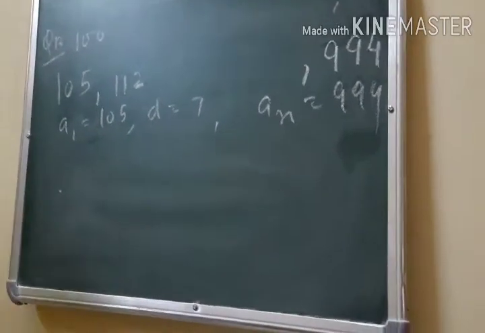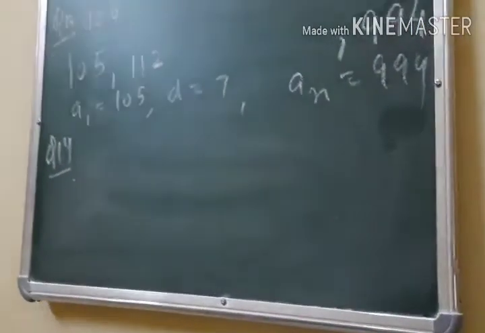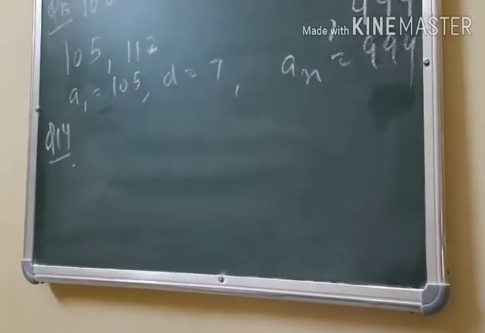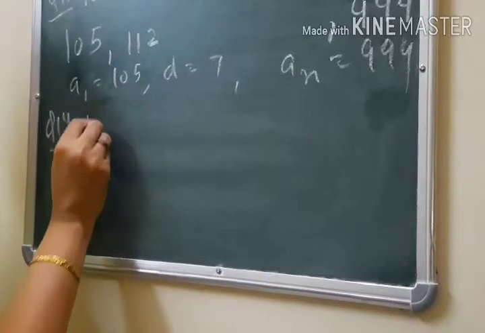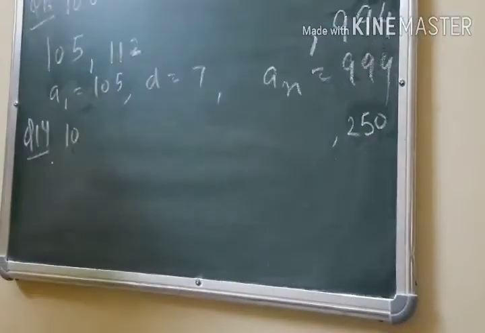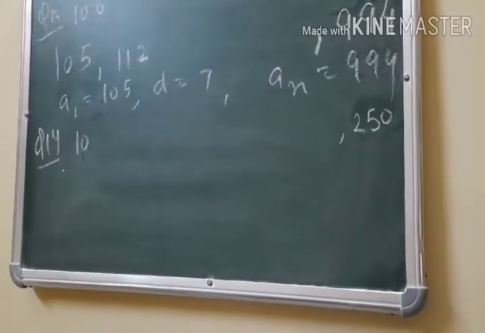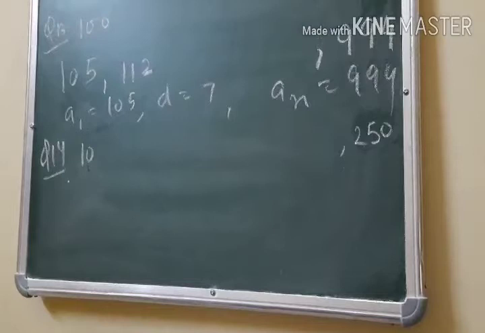Question number 14 is also the same. How many multiples of 4 lie between 10 and 250? Now the word between is there, that means 10 and 250 are not to be counted. Otherwise, even if counted, both 10 and 250 are not divisible by 4. So we have to think of the numbers which are divisible by 4.